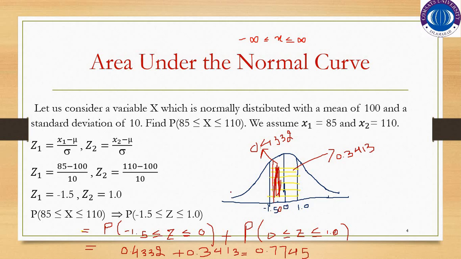So this is the area between 85 and 110, which is 0.7745.